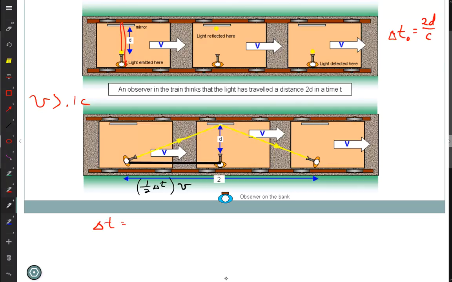So if one side of a triangle is 1/2 delta t v and the other side is d, how do I find the hypotenuse? I use the Pythagorean theorem. So the distance, I will put d prime, is equal to the square root of d squared plus, oh, the colors aren't working out.